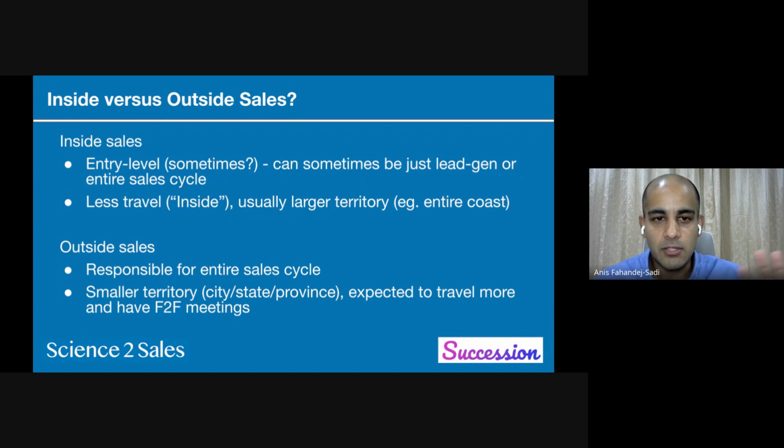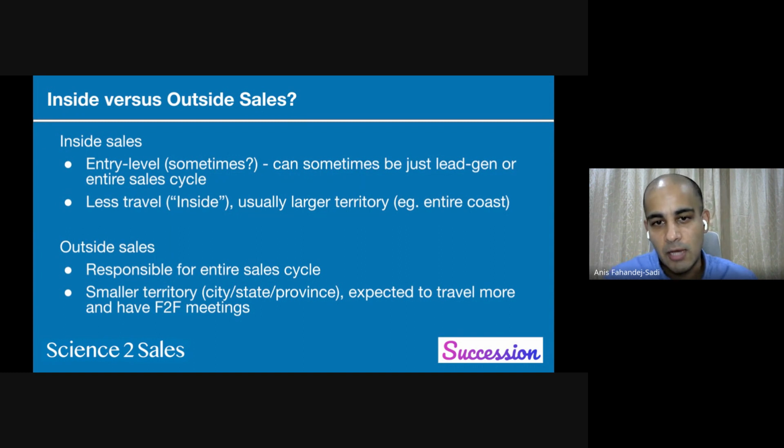So inside sales sometimes can refer to entry-level roles, and sometimes, there's a lot of sometimes here, can refer to just lead gen roles. So your entire job is just prospecting, calling people, emailing people, trying to bring in leads, qualify them, and then pass them off to somebody else that does the rest of the process, so an account executive or an account manager, etc. However, you can also do the entire sales cycle, right?